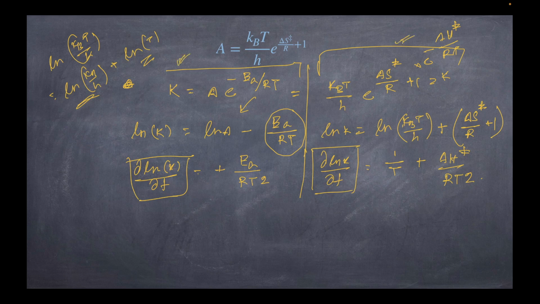Now we can equate these two terms. So EA divided by RT square equals 1 upon T plus delta H double dagger divided by RT square. Multiplying by RT square, EA will be equal to RT plus delta H double dagger.